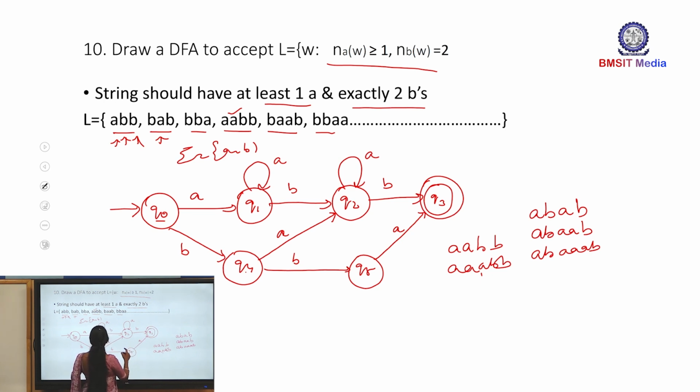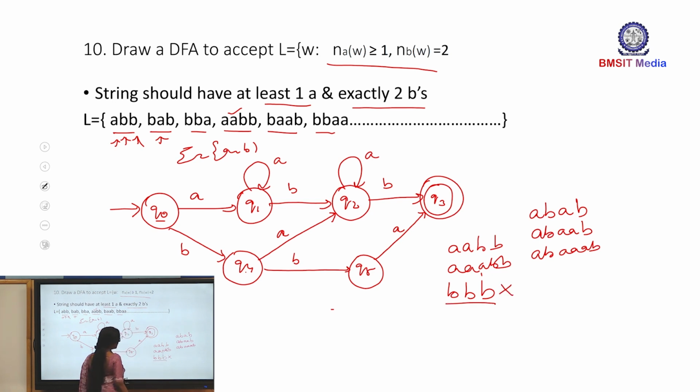Now coming to Q4. Q4 has already made a transition for A and B. So this is done. Now Q5 has made a transition on A. What happens when we see a B? We reach Q5 after seeing a B and a B here. So what happens if I encounter the third B?